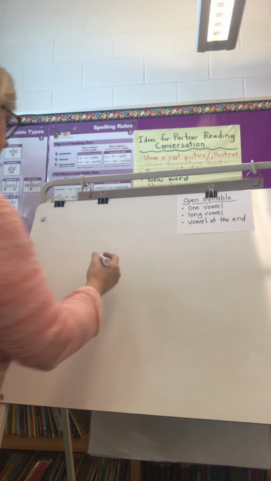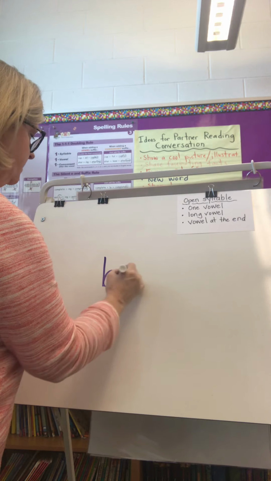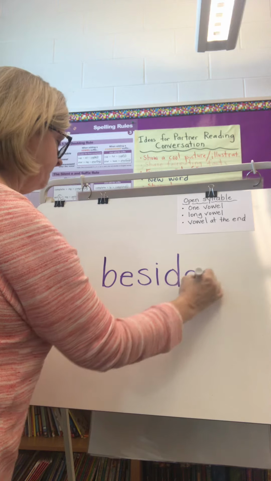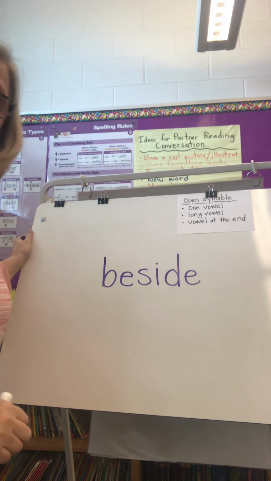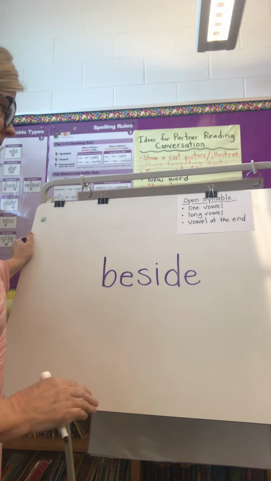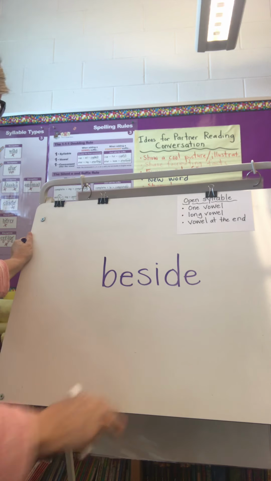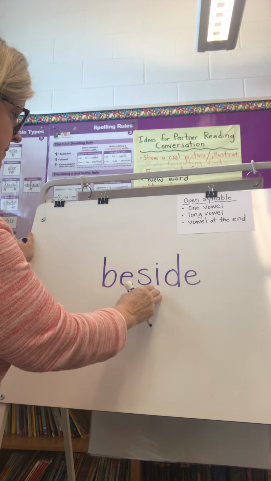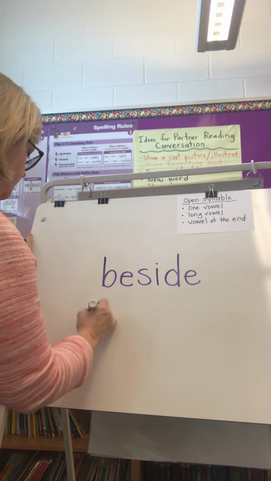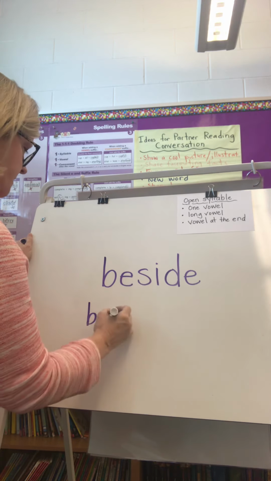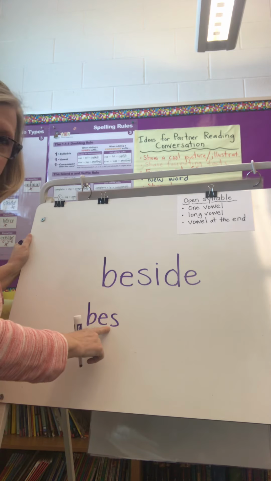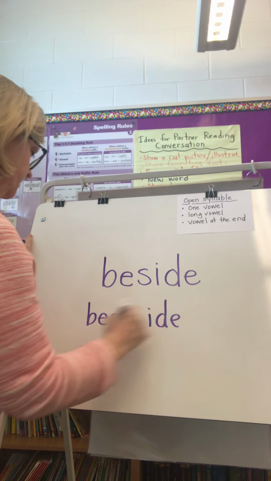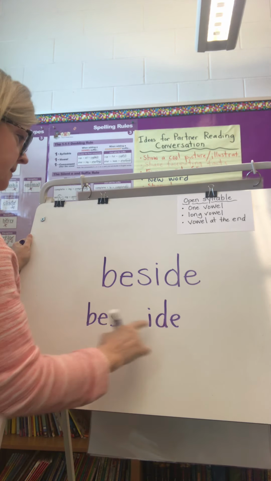How about this word? I'll write it down first, and you guys can write it down as well. Now, to figure out where we break this up, it might be a little tricky because look, there is a consonant in between two vowels. So we can try it both ways. I could write it down with the S in my first syllable, or I can try the second way. If I do it this way, it's best-eyed.